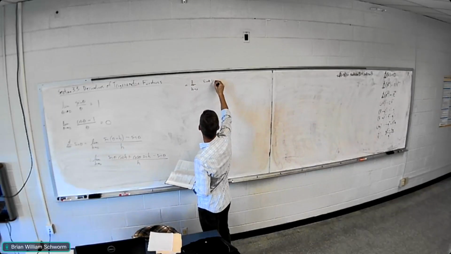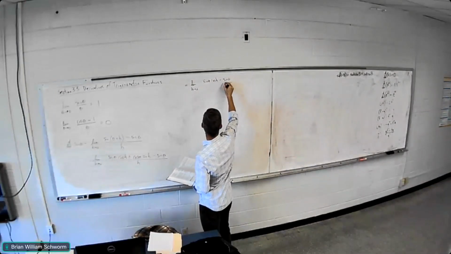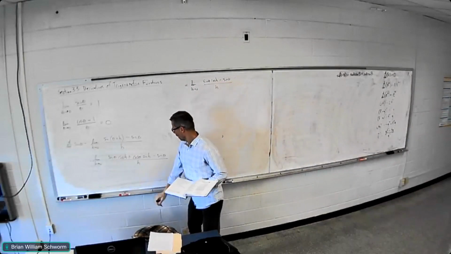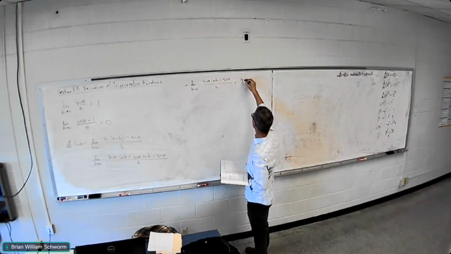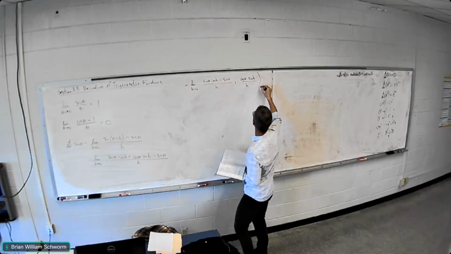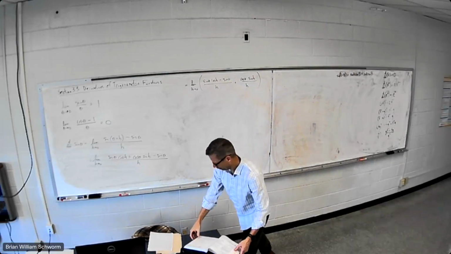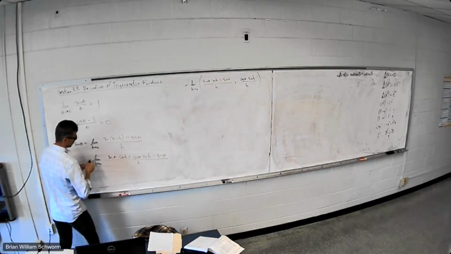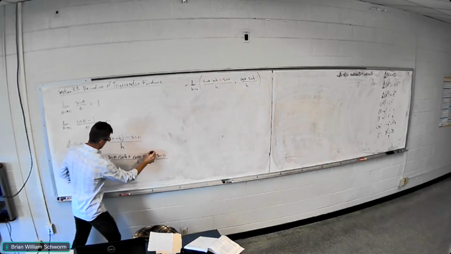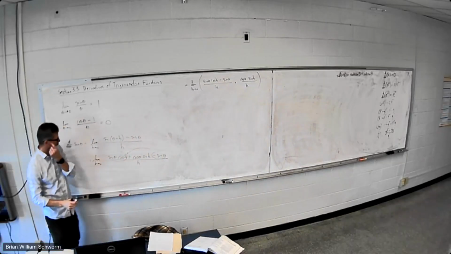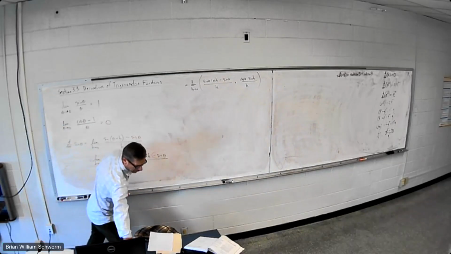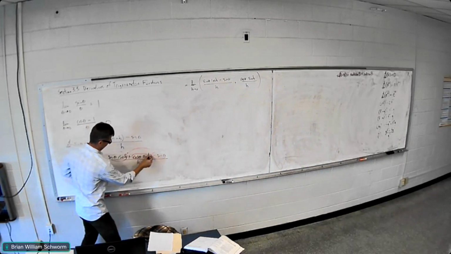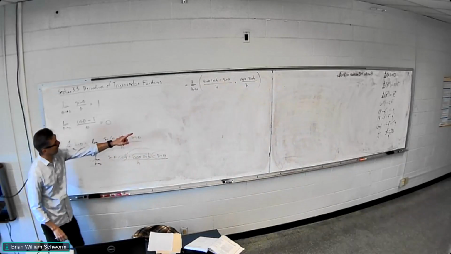Sine of theta, cosine of h, minus sine of theta, all over h, plus cosine of theta, sine of h, over h. So what I did was just took this, put it together with this, and wrote one fraction. And then this one, I left in its own fraction.